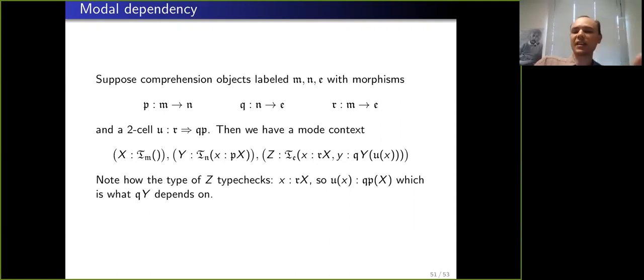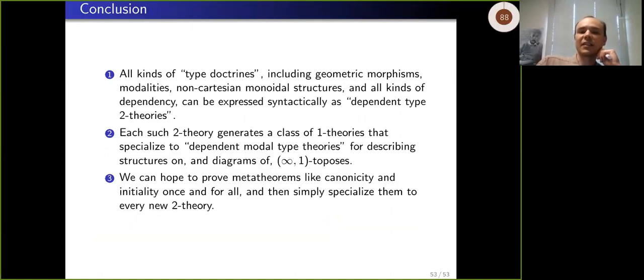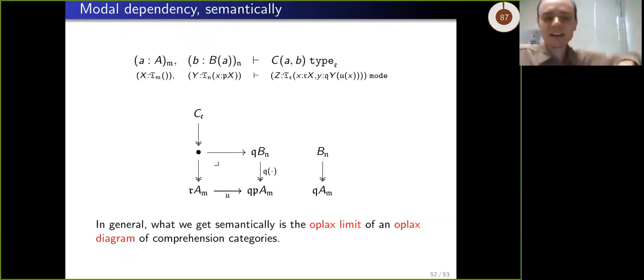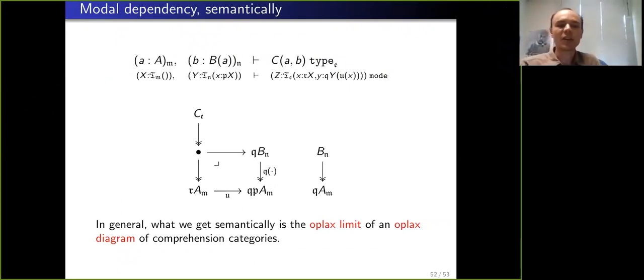Like I said way back when I started the dependent type theory, we need somehow to compare these mode morphisms in order to make our context coherent. This is how that happens in the type 2 theory, with the well-typedness of these actions of 2-cells on these things. And then the semantics of that gets interpreted by a pullback along this 2-cell transformation from R to QP.